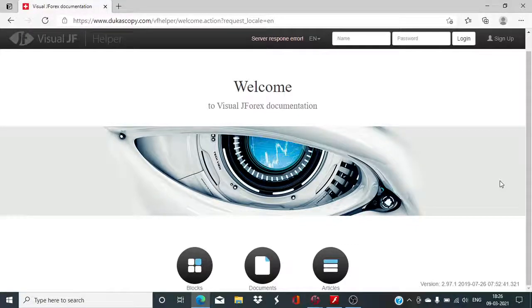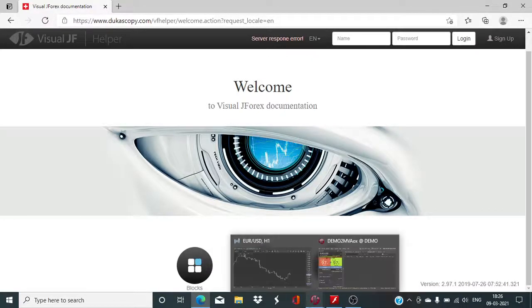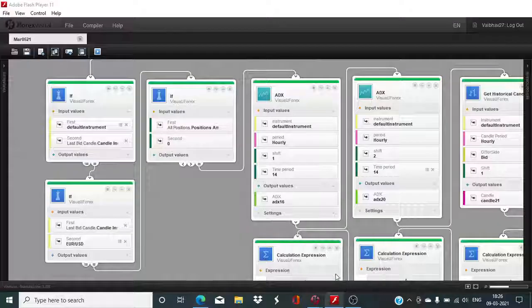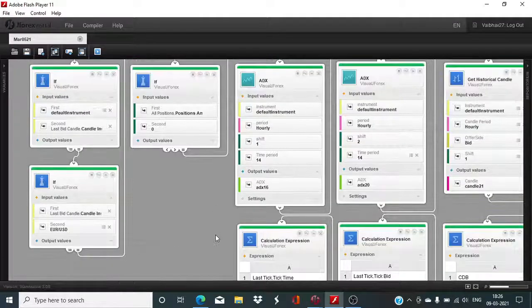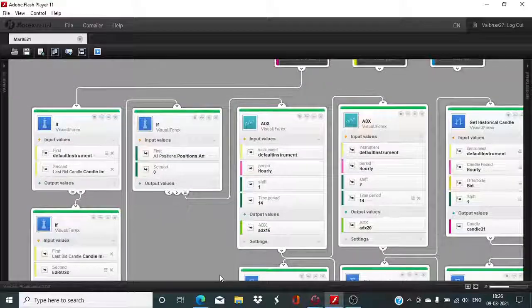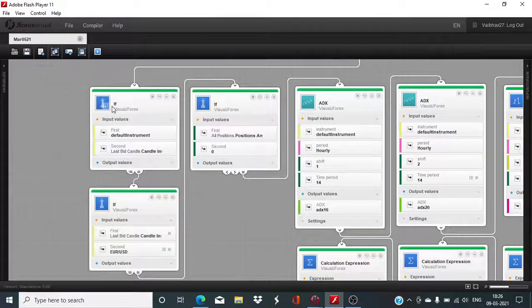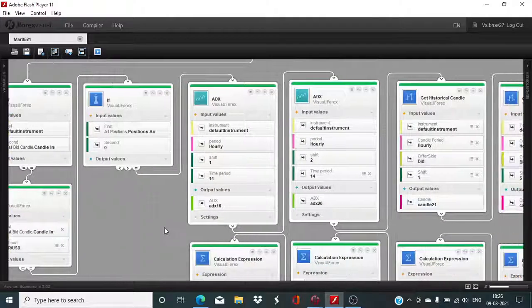In today's session of Visual Jforex, I will be continuing with the demonstration of the algorithm development using the indicator named ADX, the average directional index. This is the third part, and in today's session, I will try to complete this whole algorithmic setup. In the prior session, so far, I had done the instrument subscription, then the position amount was defined as 0.